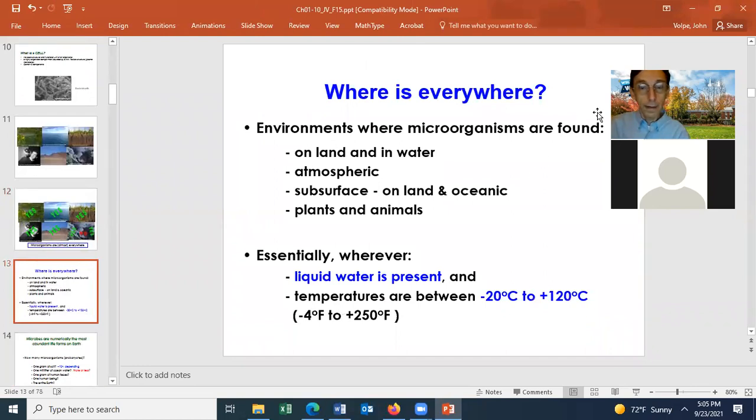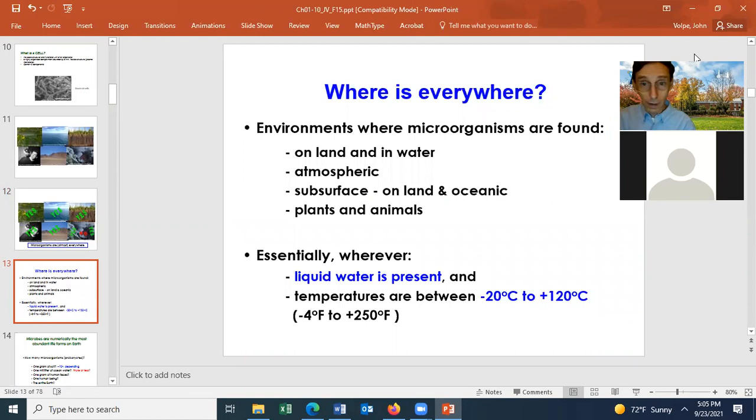All right, we were talking about how we find microorganisms essentially everywhere. And this slide is addressing where is everywhere on the planet Earth. Environments where microorganisms are found include on the land and in the water, in the atmosphere. And yes, you can find microorganisms up about a mile in the air.